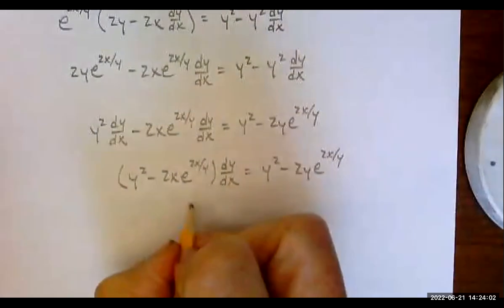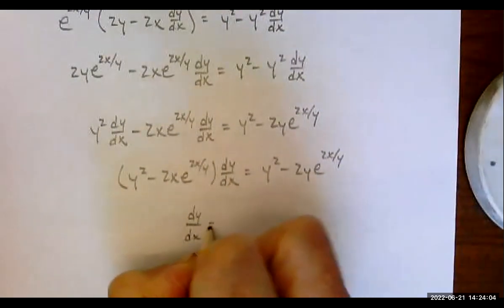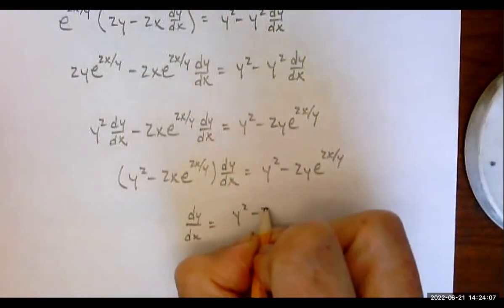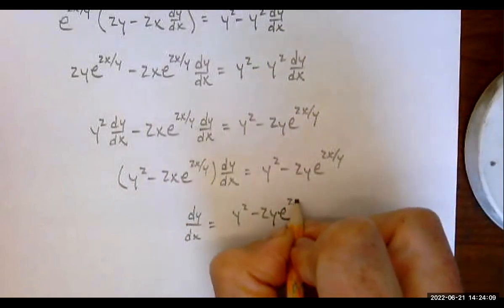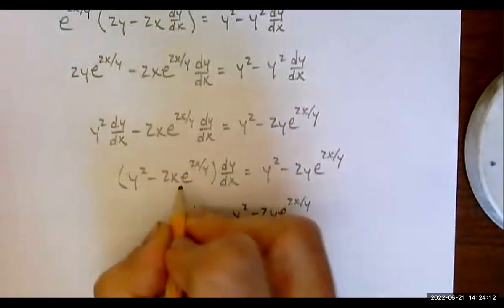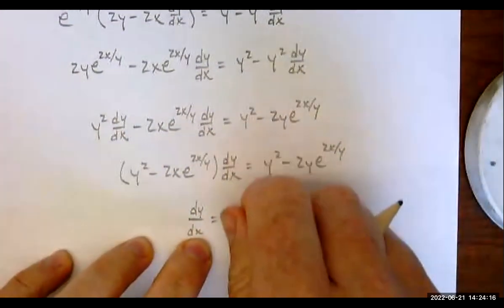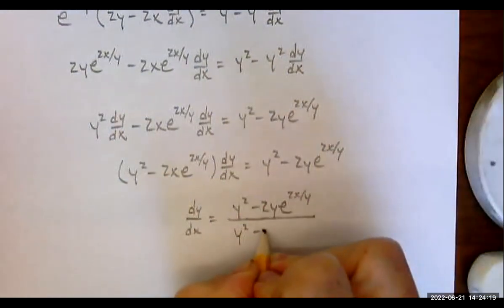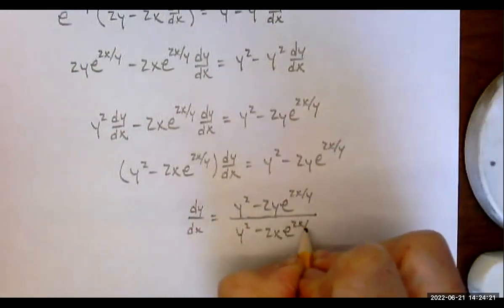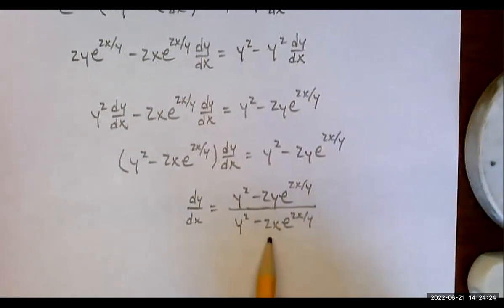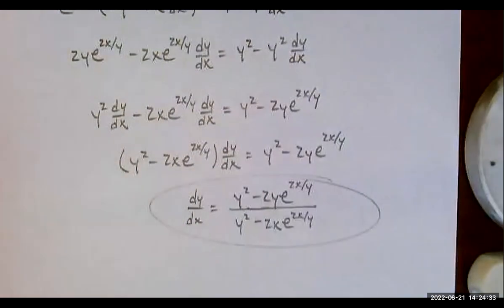And finally, dividing, dy over dx equals y squared minus 2y e to the 2x over y, over y squared minus 2x e to the 2x over y. Notice that symmetry. They're identical except for the x and y. Kind of interesting. Would not have expected that. So there's our answer right there. Kind of cool.